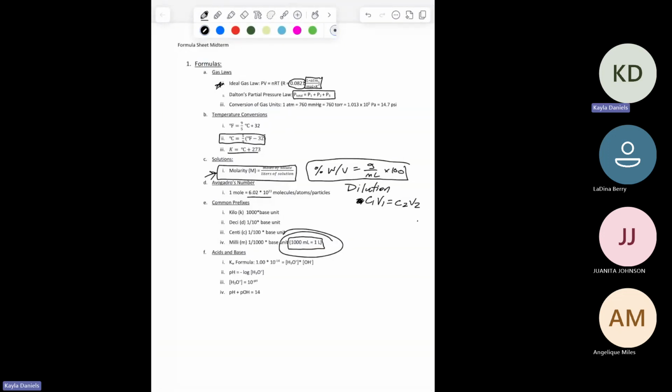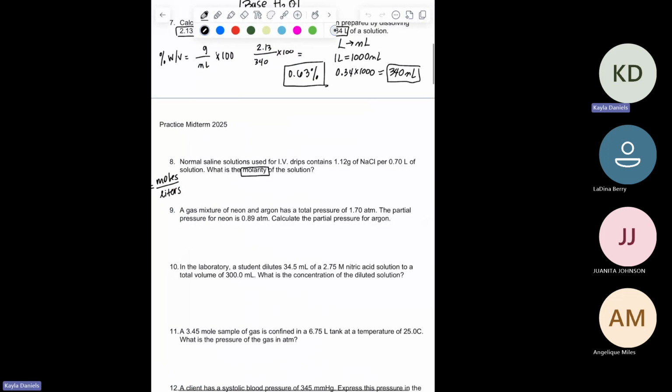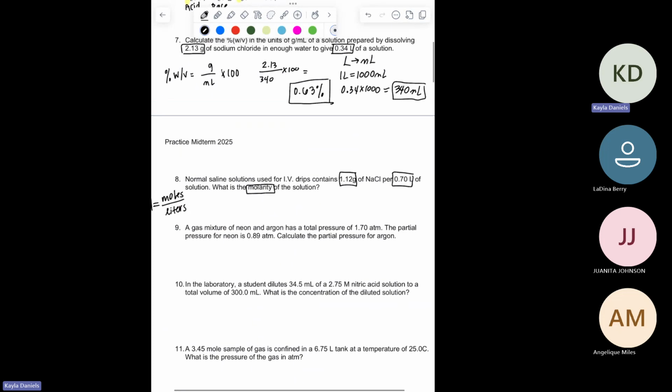In this problem, they gave us grams and liters. Like the last one, they've given us half of the equation ready to plug in, but not quite. We first have to go from grams to moles. This is taking us back to lecture 1 and 2 a couple weeks ago.